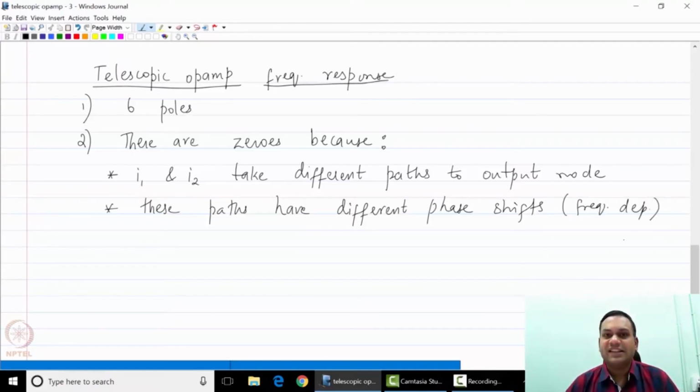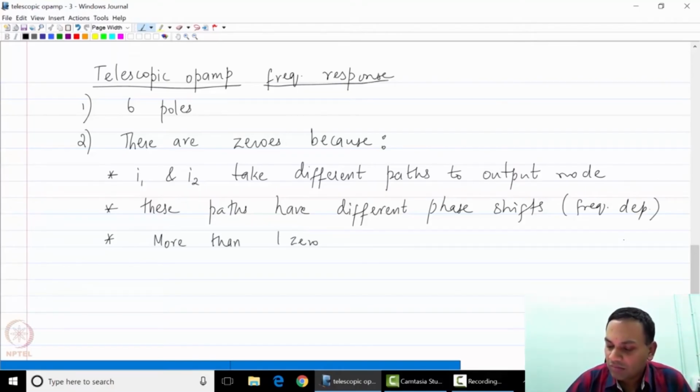So this is enough to create a zero, and you will find that because these two paths have multiple transistors and multiple capacitances, the telescopic op-amp will have more than one zero.